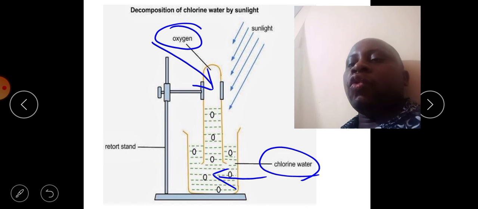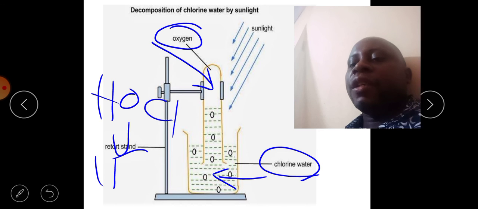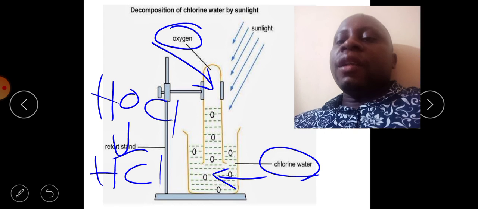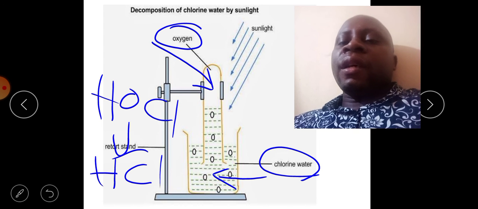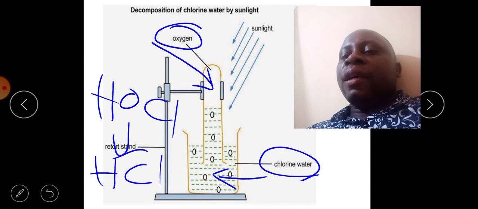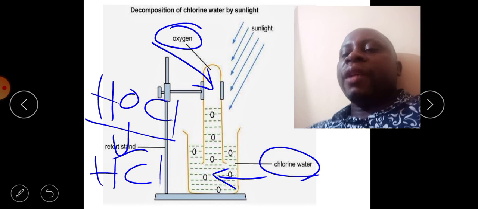This is due to decomposition of the hypochlorous acid or chloric 1 acid to form HCl. HCl is a colorless solution. Therefore, the chlorine water will have been decolorized, and on top here there is formation of oxygen.